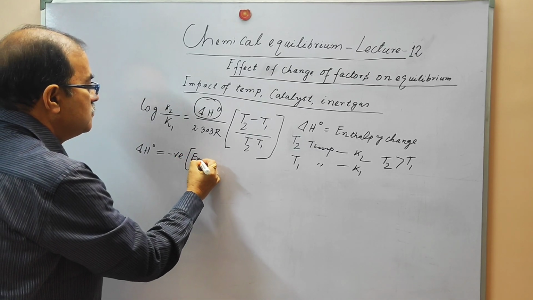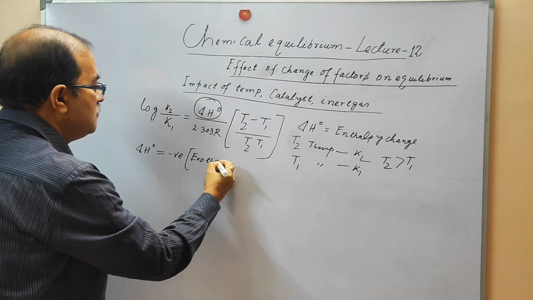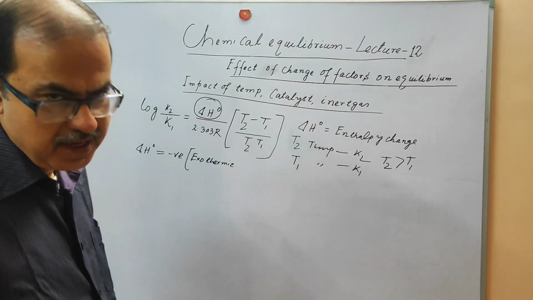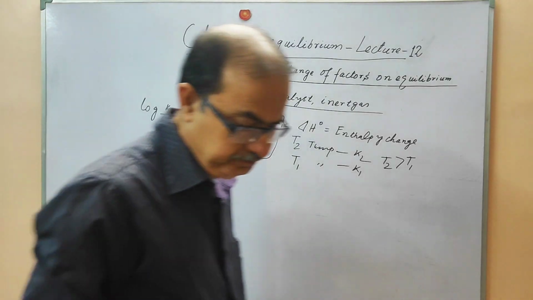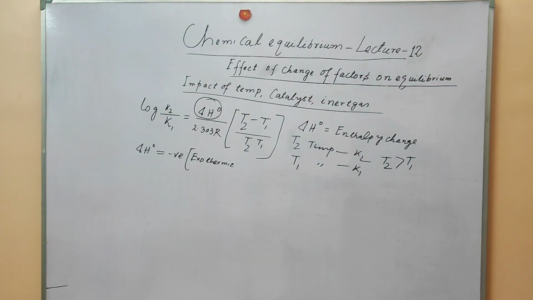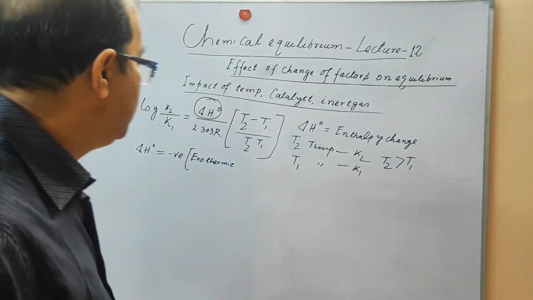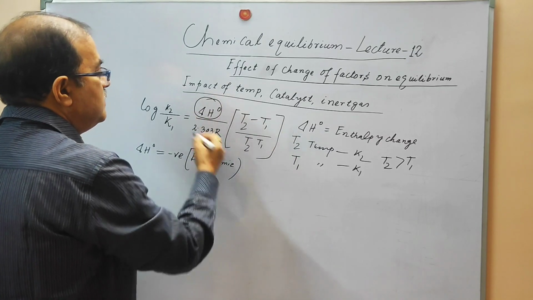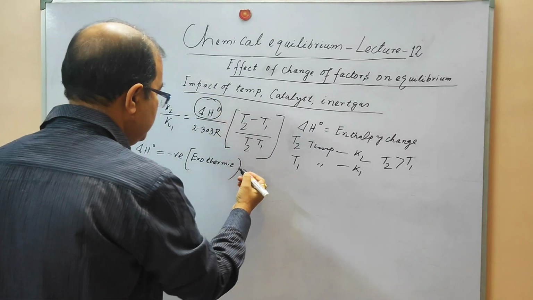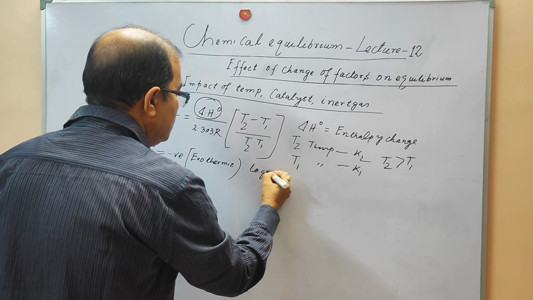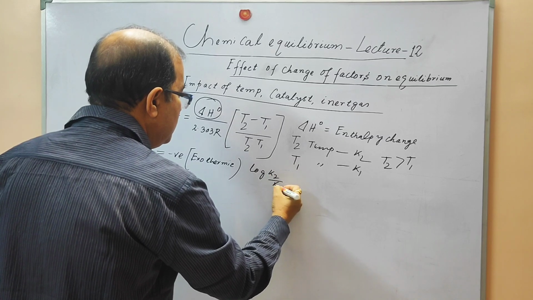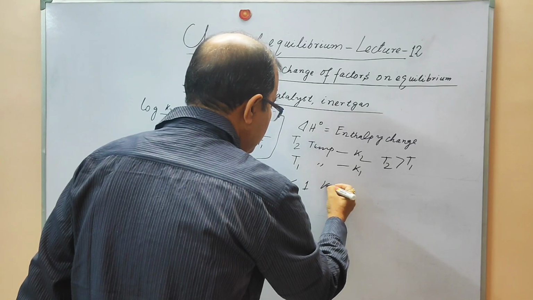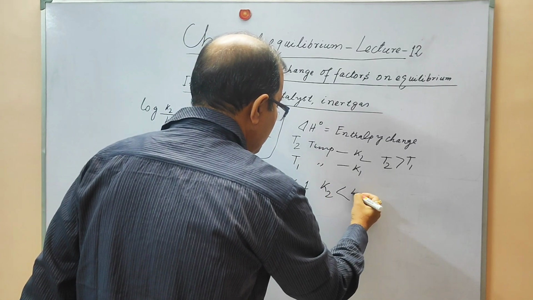Suppose the reaction is exothermic. Then this factor is going to be negative, that is, log K2 by K1 will be less than zero. At that time, we say K2 is less than K1.